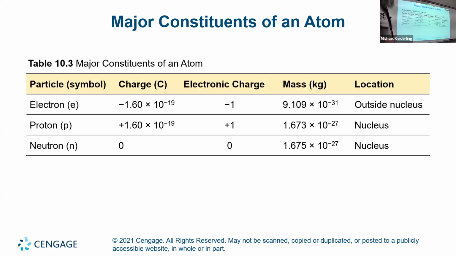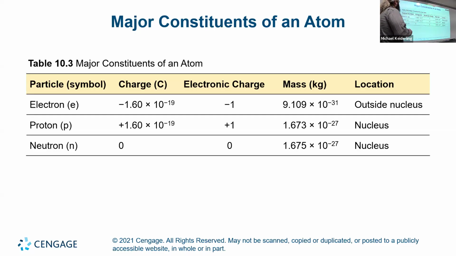So the major constituents: the electrons are tiny compared to the nucleons. They have a charge of negative 1.6 times 10 to the minus 19 coulombs. You just call it minus E. Their electronic charge is minus 1. Their mass is 9 times 10 to the minus 31 kilograms.